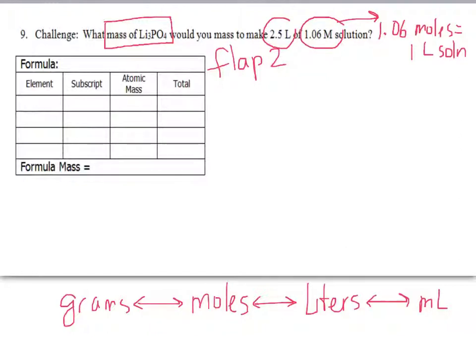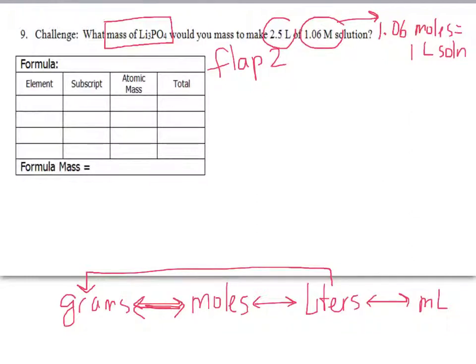And you see I made all the arrows double-sided because you can go either way. And for our question, we're starting at 2.5 liters and they want us to solve for grams.